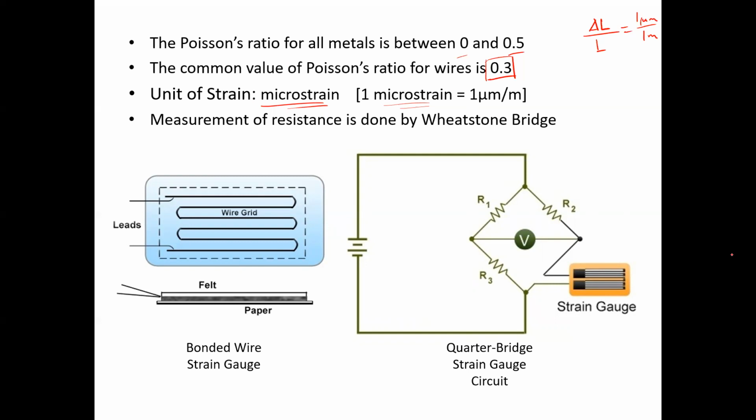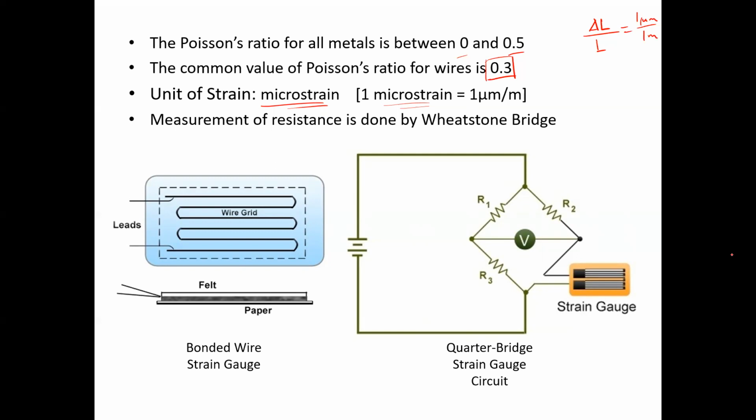Now, while you are using strain gauges, it is required to measure the resistance of the strain gauge. That measurement of the resistance can be done using a Wheatstone bridge. Why is measuring the resistance of the strain gauge necessary?